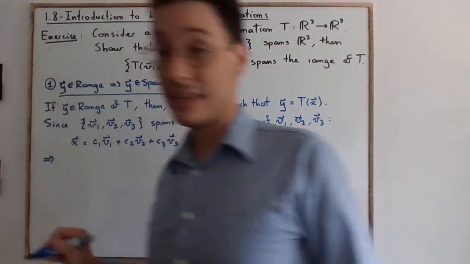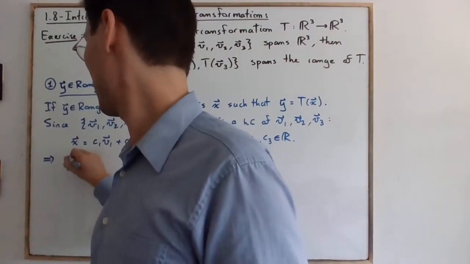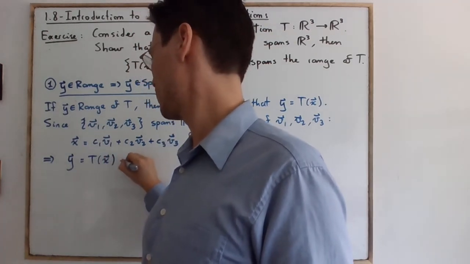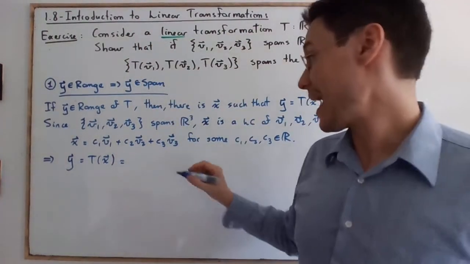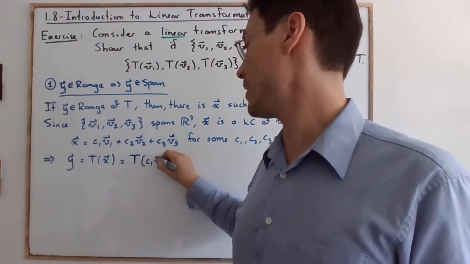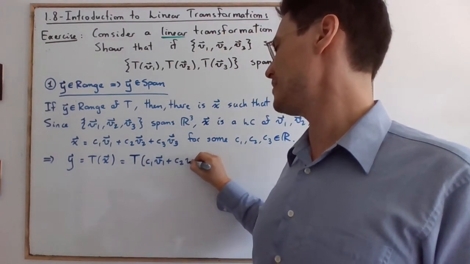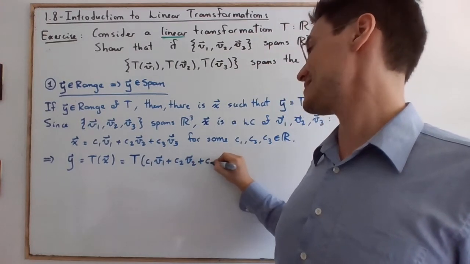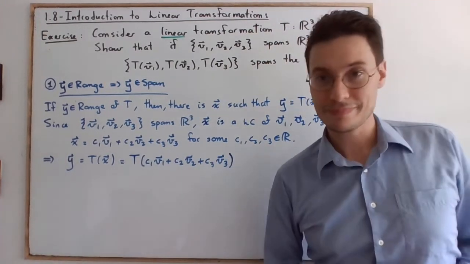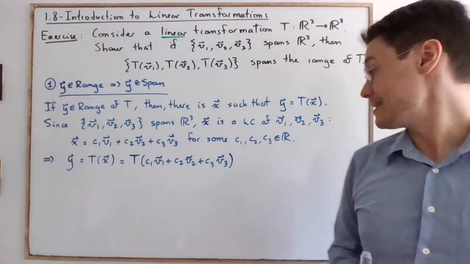Following up, y, which we know is T of x, we write as T of c1 v1 plus c2 v2 plus c3 v3. Now is the key part.